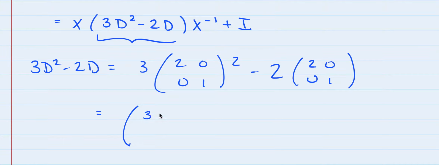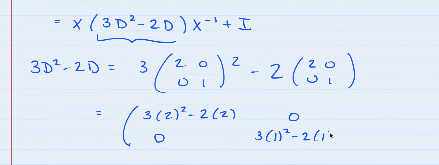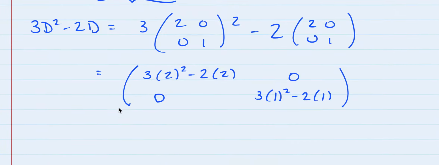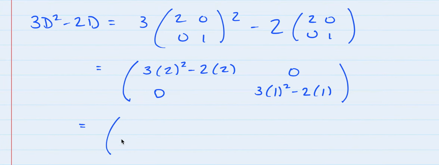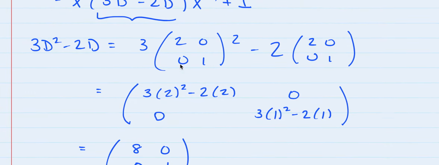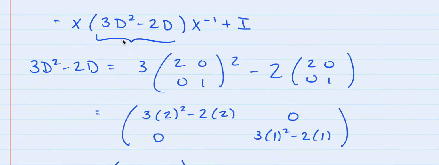So this is 3 times 2 squared minus 2 times 2, 0, 0, 3 times 1 squared minus 2 times 1, which is 12 minus 4, that's 8, 0, 0, and 3 minus 2, which is 1. So I figured out this piece right here, and now I can just plug it in and let's see what we get.